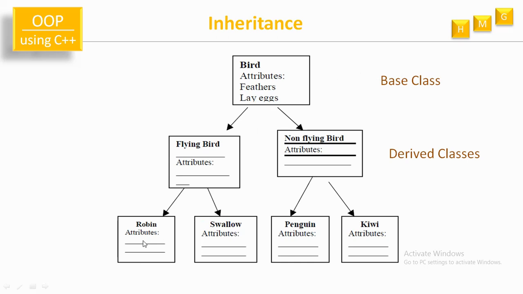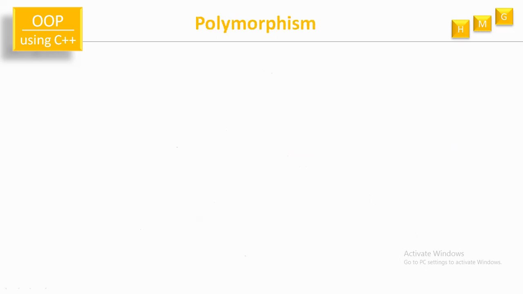So like this, the objects robin and swallow will have the combined properties or the attributes of the bird class plus flying birds, while the penguin and kiwi, these two objects will have the combined features or the properties of bird and non-flying bird. So like this, the inheritance can be implemented.